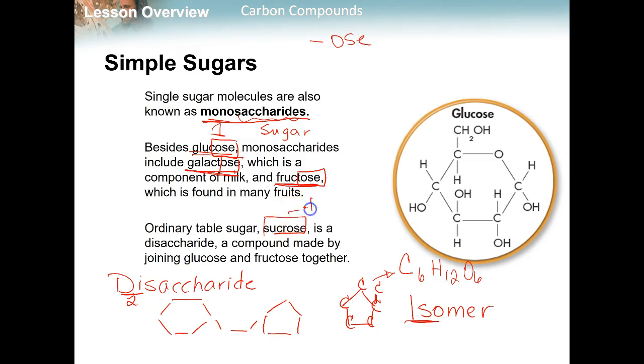Sucrose you know as table sugar. This is the sugar that you sweeten your coffee or tea with, or make some of your fruit drinks with, like Kool-Aid if you get the sugar-free packets to add your own sugar. Each one of these points, as I said, is going to be a carbon, and in this case we have 11 carbons. Remember my formula before? C11H22O11. So that is a disaccharide.